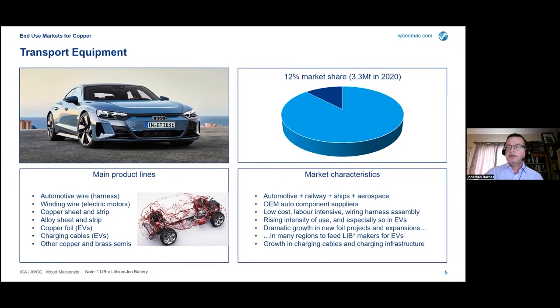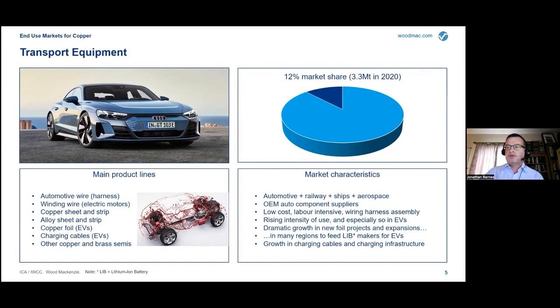Again, this is a significant end-use market for copper, around a 12% global market. That works out at around 3.3 million metric tons. So in terms of the characteristics, as I said, it's not just all about autos, it's these other transport applications. A lot of these copper products are going via OEM automotive component suppliers.